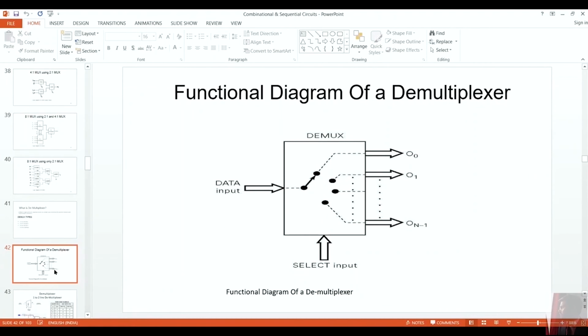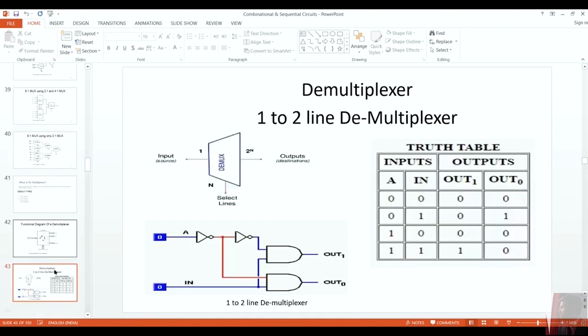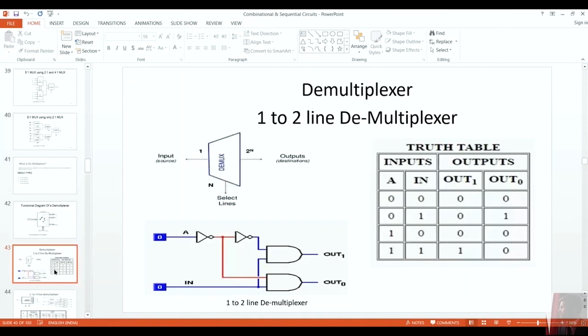The relationship I already discussed is 2 raised to power n. In certain books it is written 2 raised to power m. It doesn't matter. We are only concerned with how the select lines and the input-output relationship are established. This is the symbol representation of the demultiplexer, in which the input is 1 and there are many outputs.